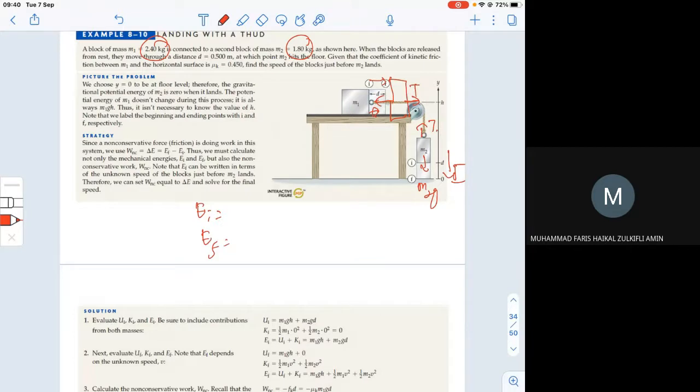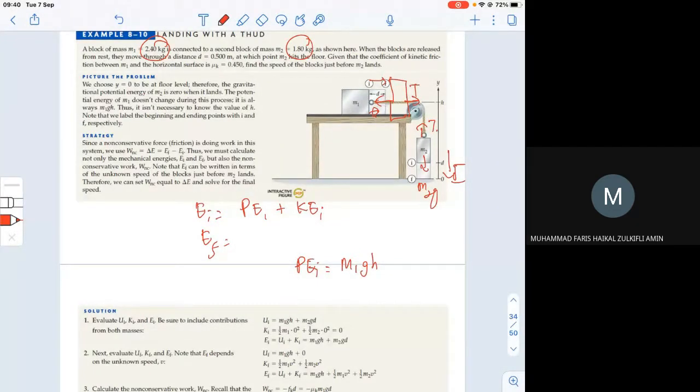Okay, so energy initial siapa yang ada? Mesti bergantung kepada PE initial plus KE initial for both situations. So right now kena tahu dulu lah what is PE initial. PE initial here we have, untuk M1 kita ada M1 GH, ketinggian dia kan, GH daripada floor.